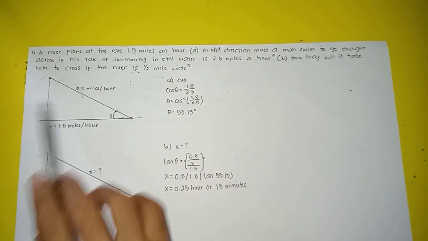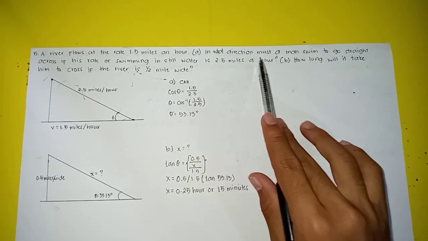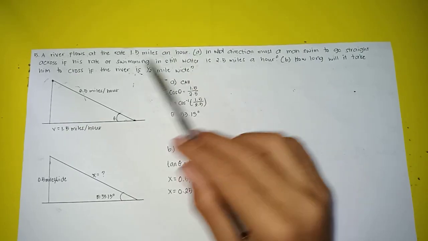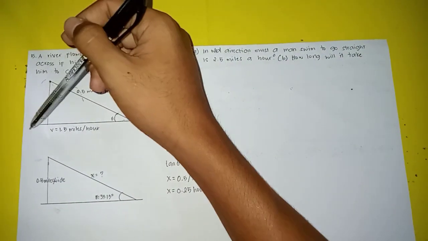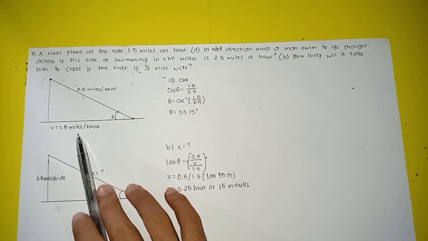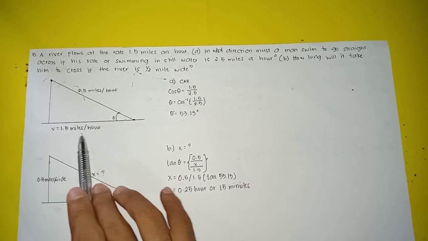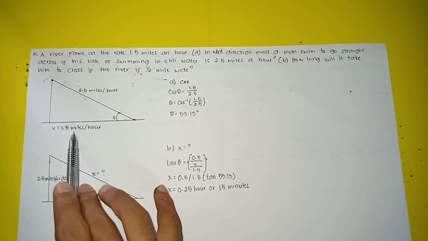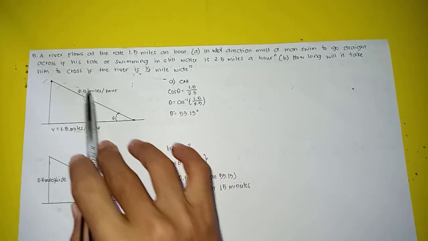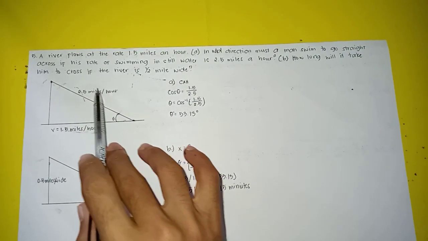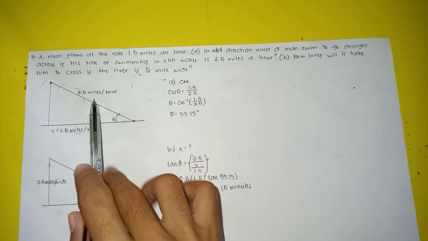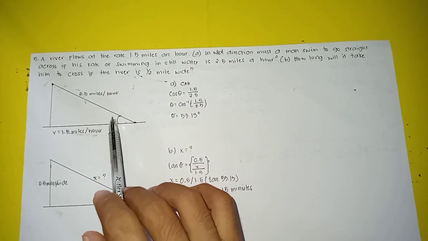First, we will solve for question number 1. So we'll illustrate. So here is the river flow, and then this one is the swimming rate of the man.